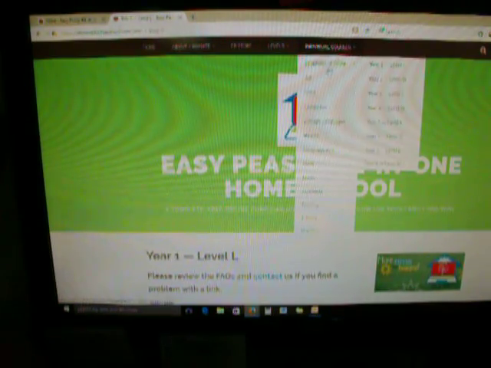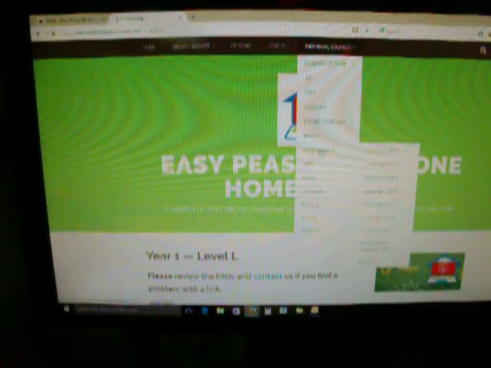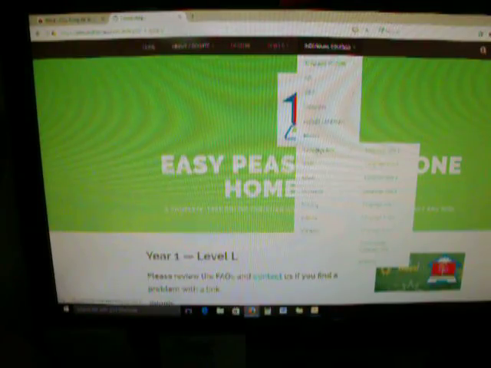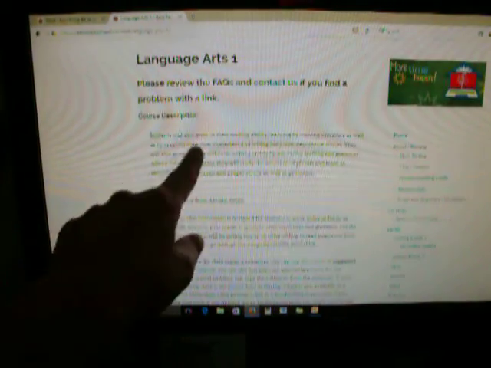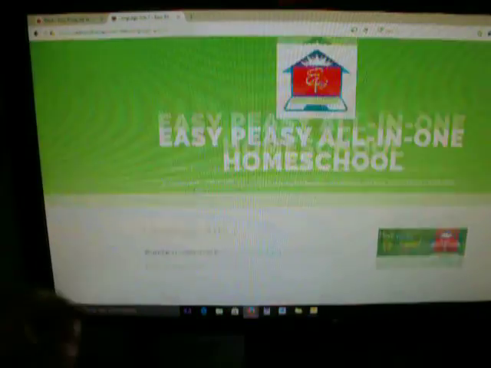So the individual courses. So if I went to Language Arts, here's Language Arts 1. It talks about the course description, the reading list, a note to parents, and then day 1, here's spelling. Day 2, you're going to be doing writing and spelling. Day 3, spelling. Day 4, writing and spelling. Day 5, and so on. But this was the first grade level.